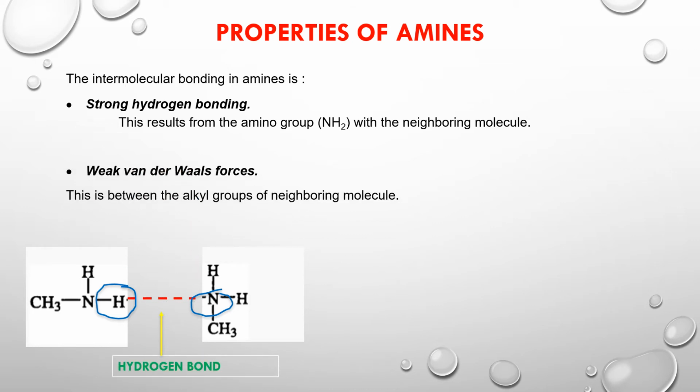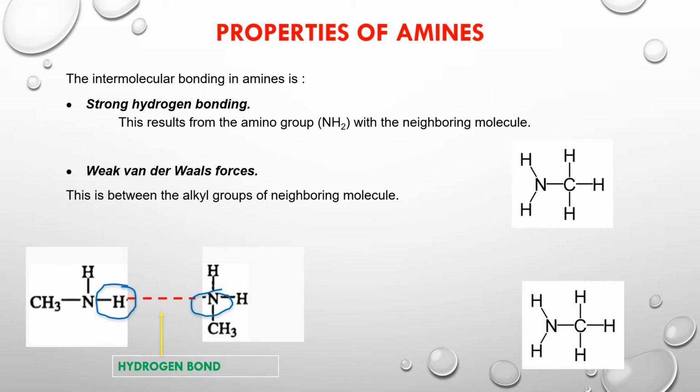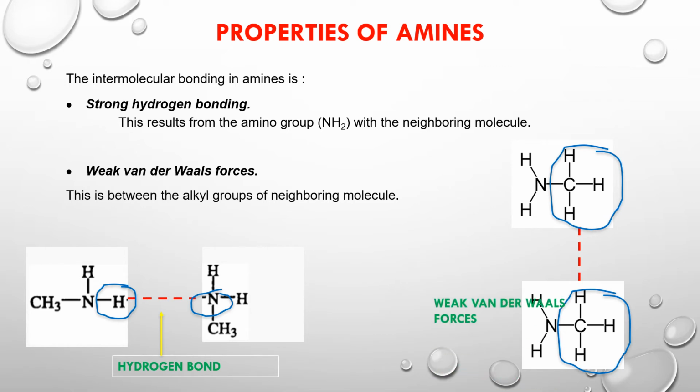Next one, amines also have weak van der Waals forces. Now these weak van der Waals forces exist between the alkyl groups. So if you look at this example here, we have an amine group and another amine group. Now between hydrogen and nitrogen it is hydrogen bonding. But between the carbon group and another carbon group, that bonding is known as the weak van der Waals forces.